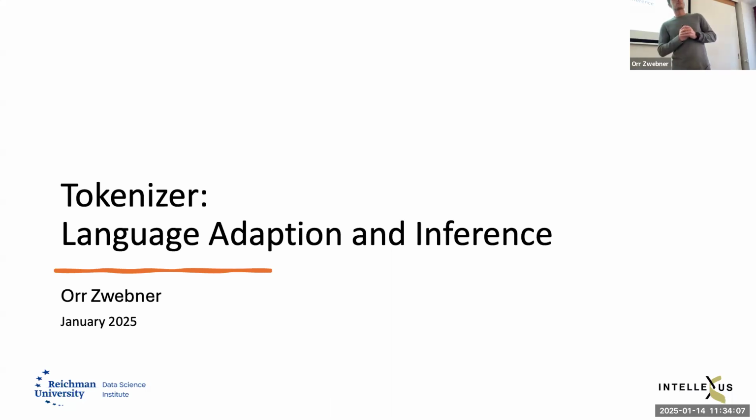So after Kai showed us how to train a large language model and explained the architecture of the model, I will focus on the tokenizer, which is the part of the language model that processes an input text into a representation that the model can interpret.